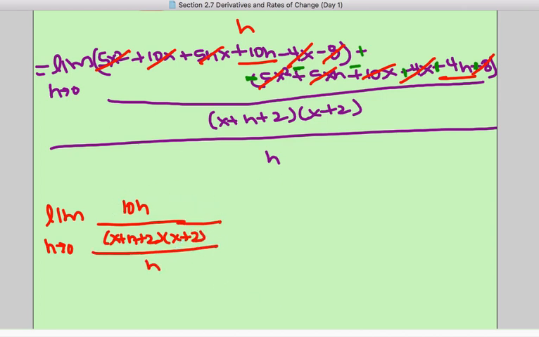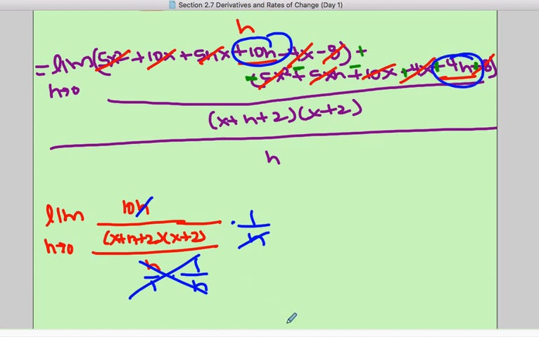Now I have this fraction really over h over 1. So in order to get it to be just one fraction, I'm going to multiply it by the reciprocal of the denominator, so 1 over h. This all simplifies to 1. These h's will cancel. Oh, I hope somebody caught me. I said it. 10h and 4h really should not be 10. This should be 14. My bad.